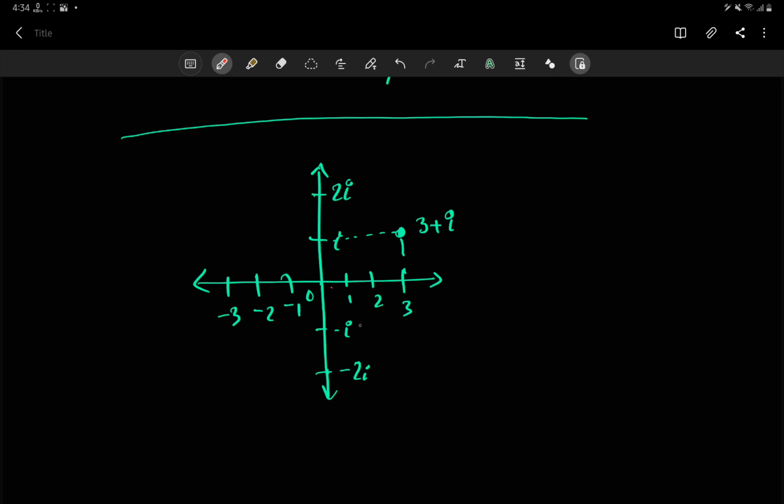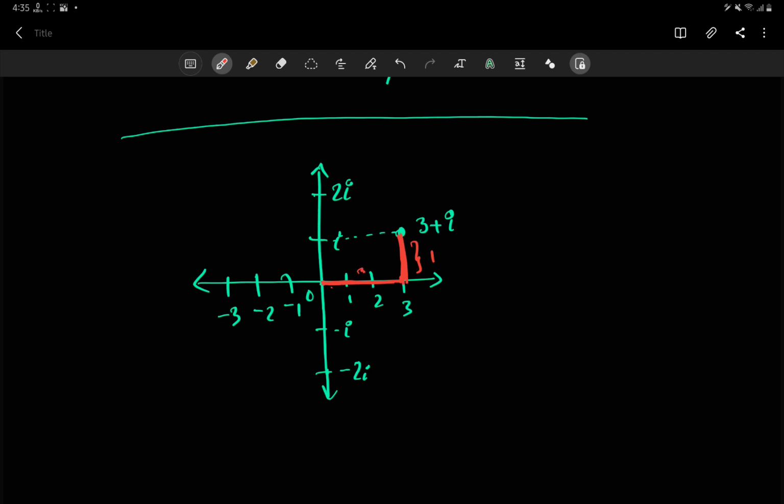And as you can probably see, this length is actually, let me draw it in some way. So I guess I can just override this. So this red line has length 3, and this line has length 1. Even though this is imaginary, the length is still a real number, and that's 1, right?